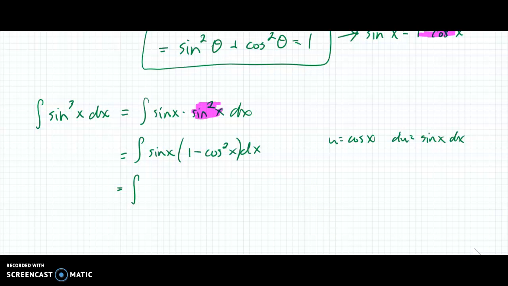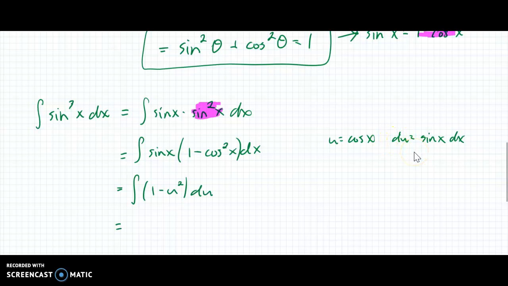So this is the integral of, the 1 stays the same. This cosine squared turns to a u squared, so 1 minus u squared du, and then the sine x dx gets replaced with the du. So I get du.